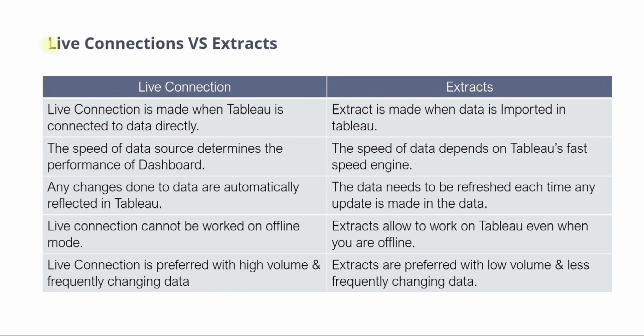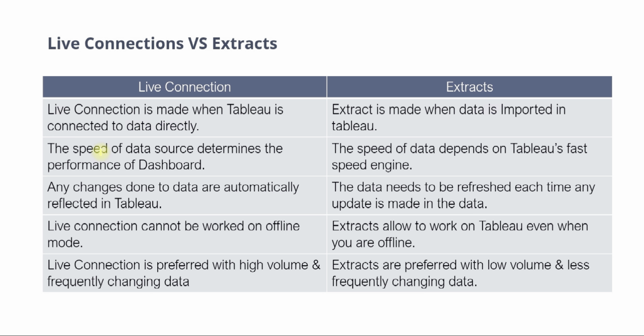Now let's see how live connection and extracts are different. In a live connection, every time a live connection is made to Tableau, it is connecting to the data directly, whereas in extracts, data is imported into Tableau.